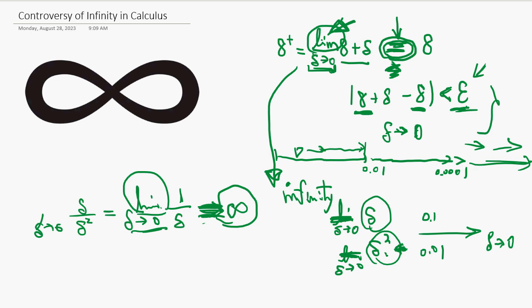Now what's infinity? Delta over delta cubed also goes to infinity, right? What's the difference between this infinity and this infinity?